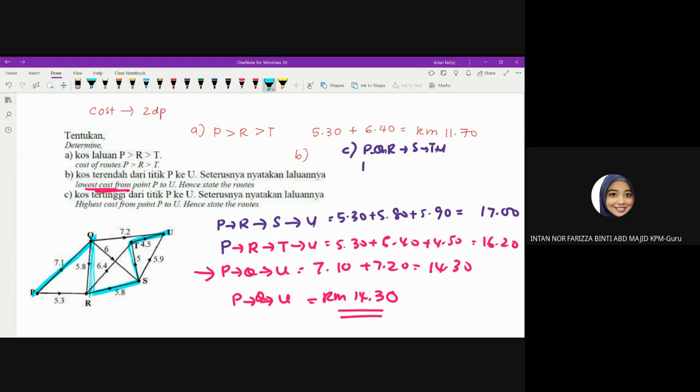So of course you have to use longer route, the one with the higher weightage. Okay. Next we can try PQSU. Okay, where is that? PQSU. Okay, that's the second option. Okay, the third option will be, I'm going to use yellow, PQS.